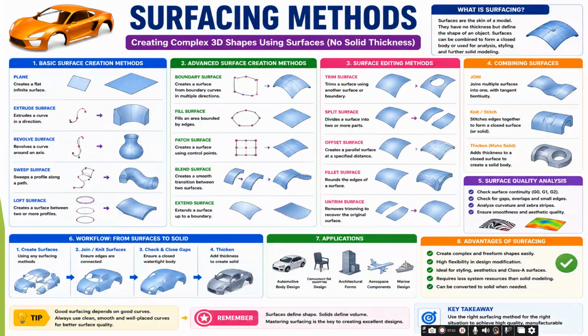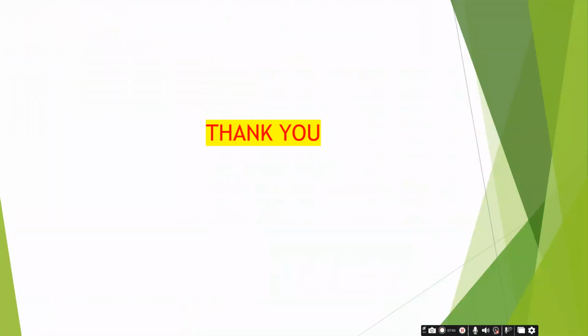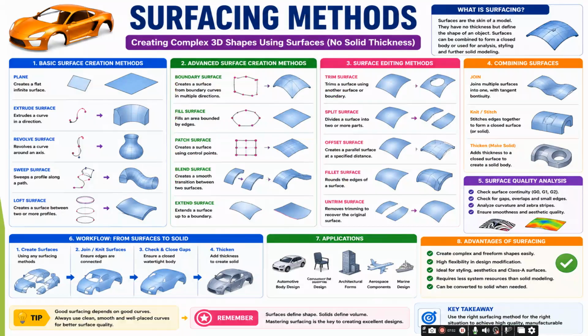Surfacing methods: basic surface creation methods, advanced surface methods, surface editing methods, then combined surfaces. Then the sixth is surface quality analysis, the workflow from surface to solid, and the application and advantages of surfacing. In basic surface creation: plane, extrude surface, revolved surface, sweep surface, loft surface, boundary surface.